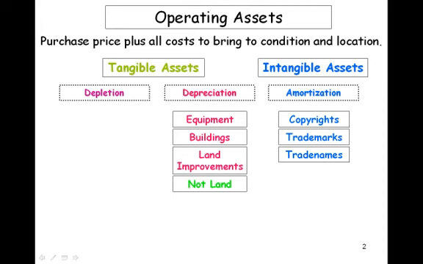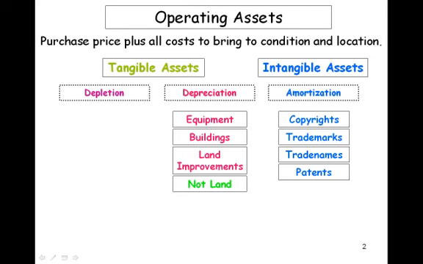A trademark protects a symbol or emblem. A trade name is similar to a trademark except that it protects a name, word, or phrase. For either, the legal life is 20 years with renewable 10-year periods, which means that the life is indefinite. An example would be the golden arches of McDonald's.